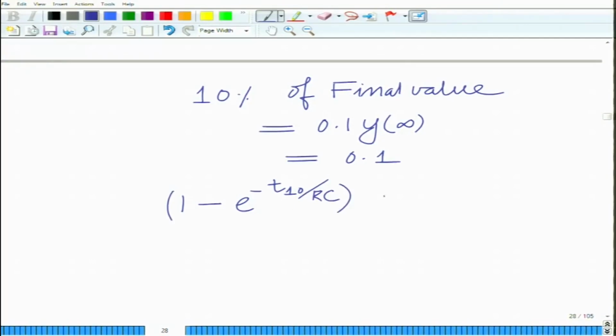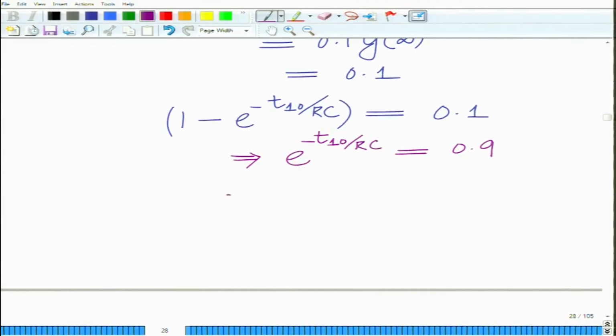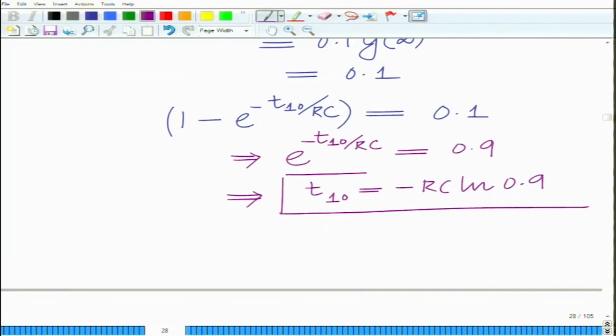This implies e raised to minus T10 over RC equals 1 minus 0.1, that is 0.9, which implies T10 equals minus RC log natural of 0.9. So, this is the time taken for 10% of the final value.